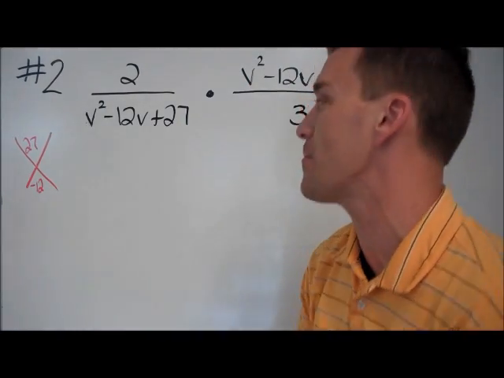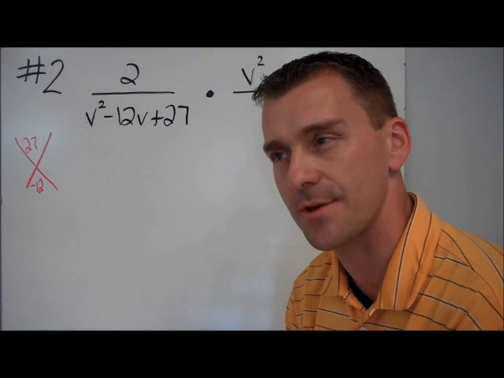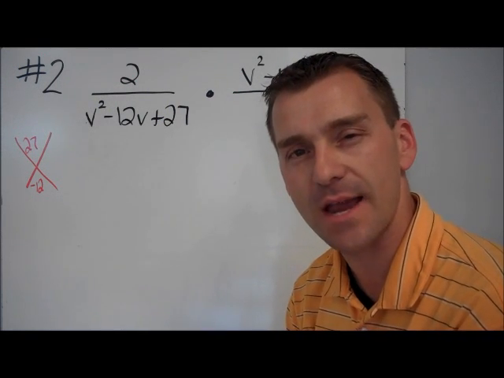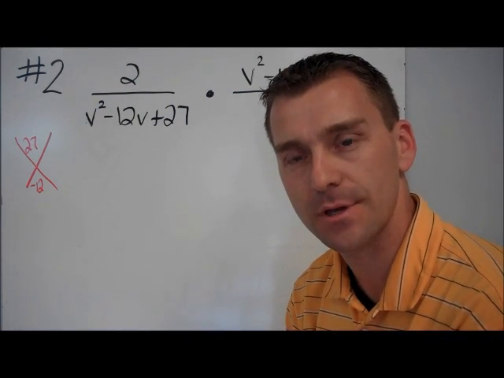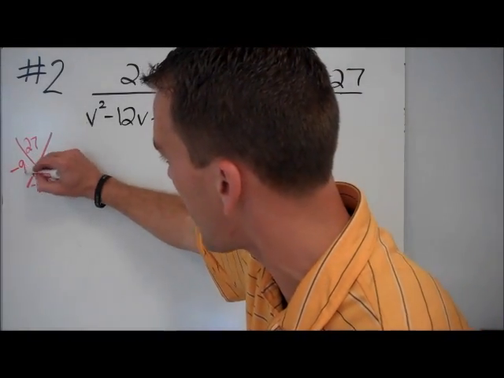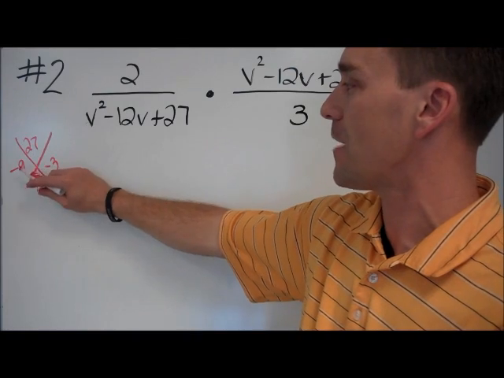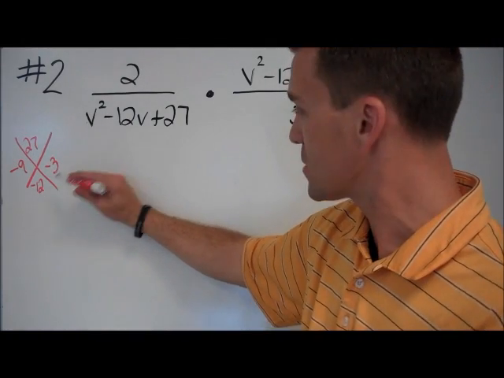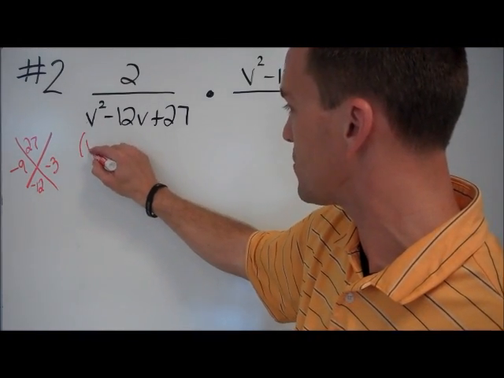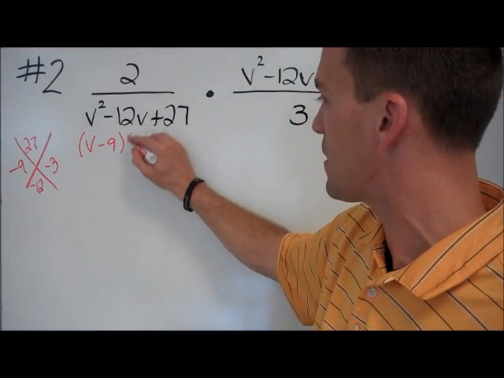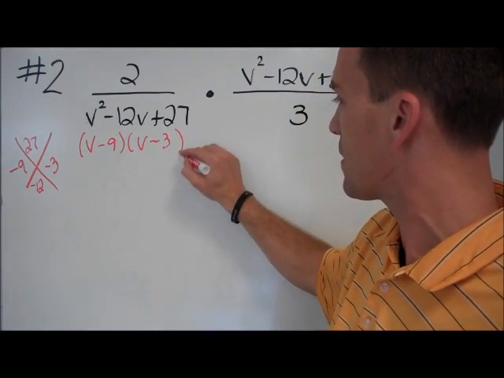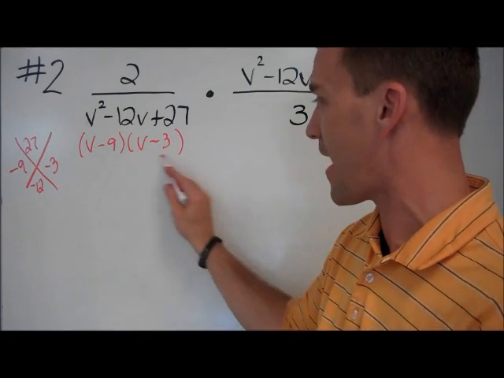So what numbers can I multiply to give me positive 27, but add to give me negative 12? Got it. Negative 9 and negative 3. So they multiply to give me positive 27, and they add together to give me negative 12. Sweet. This means it factors into V minus 9 and V minus 3. And there's that guy factored.